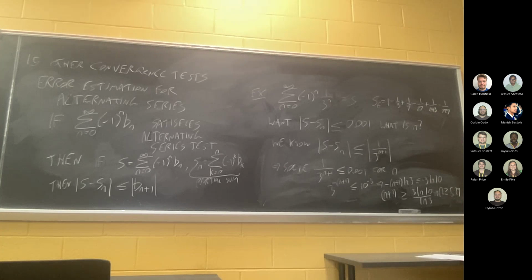I need one more. That's going to be plus 1 over 2,187. I'm not going to do that fraction in my head, but adding and subtracting all of these up, this partial sum presumably will be within 0.001 of the true sum.